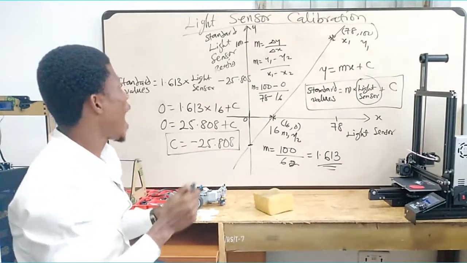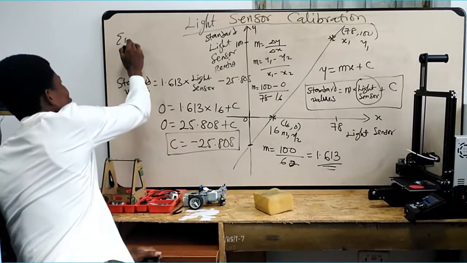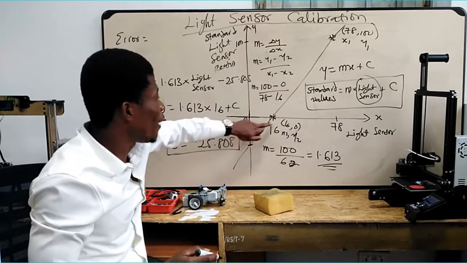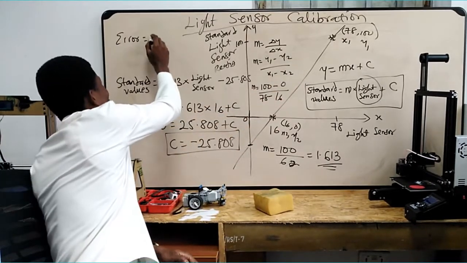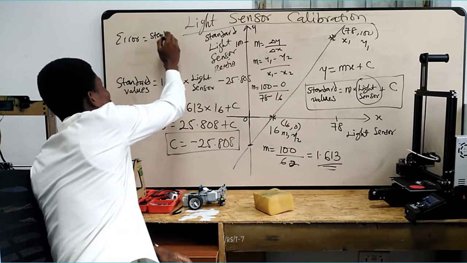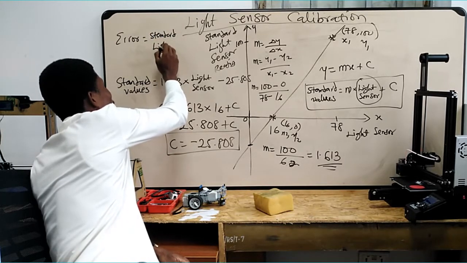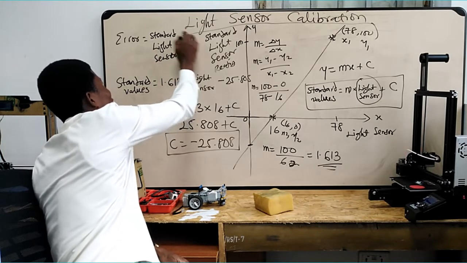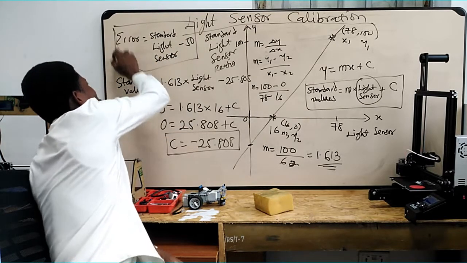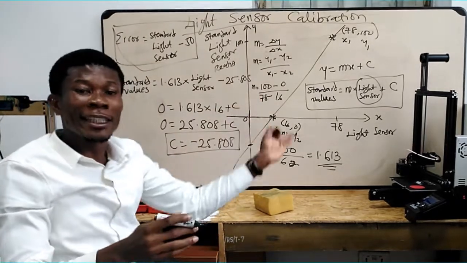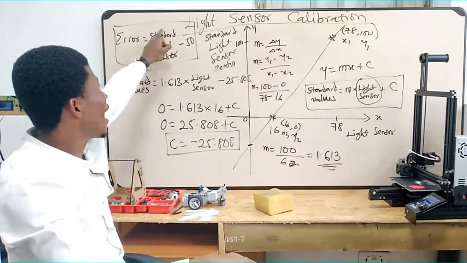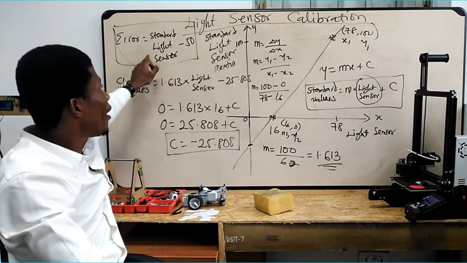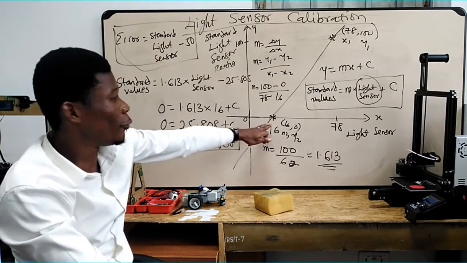Once we have that, our error value can now be calculated using the midpoint of the two values, 0 and 100, as the standard light sensor values minus 50, which opens up the range from negative 50 to positive 50, because now the maximum standard value you can record is 100, and the minimum is 0.